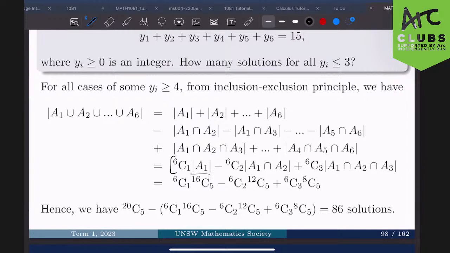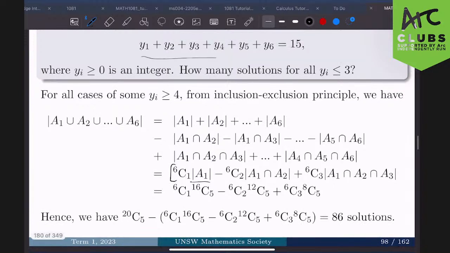So there's six y values, and we've chosen one of them to be greater than or equal to 4. In the next case, we have to multiply by 6 choose 2, because we've chosen 2 of them. And in the next case, we've chosen 3 of them, so we have to choose 3. That's why we've multiplied by these terms here.